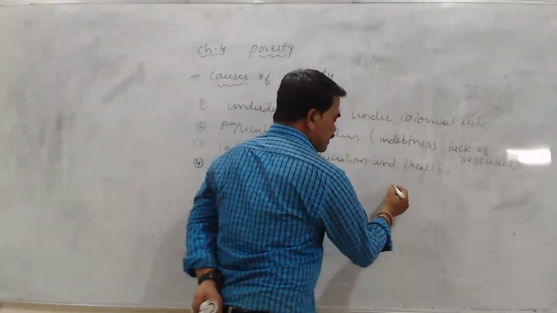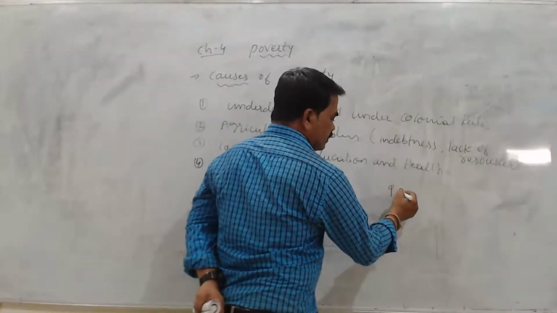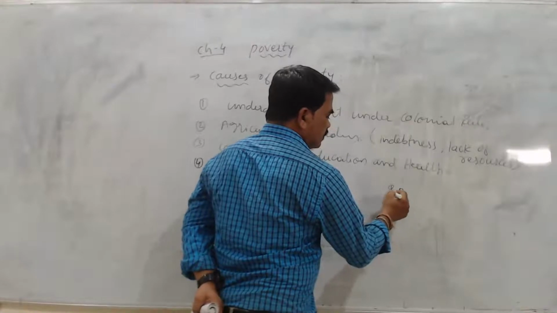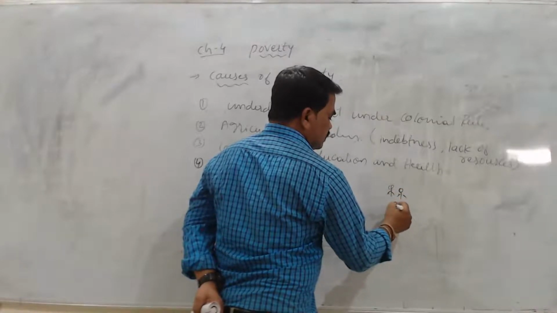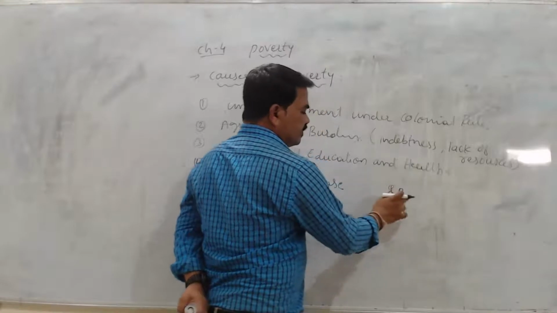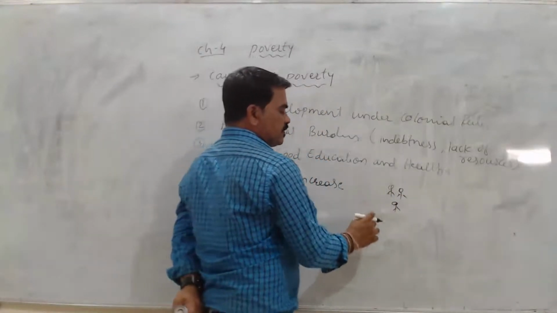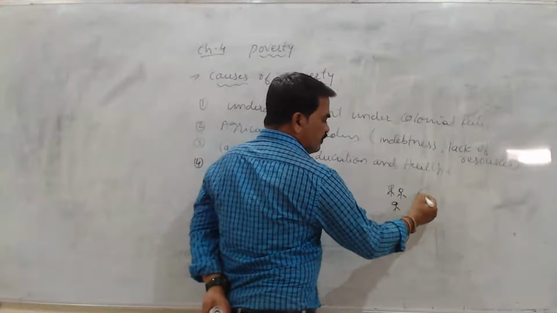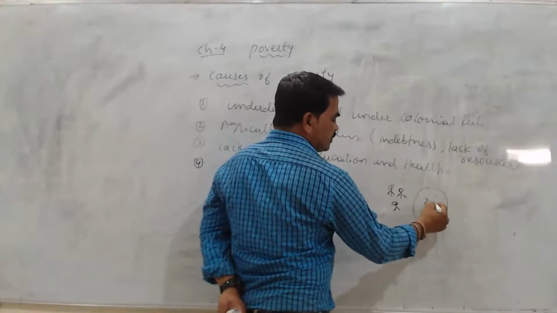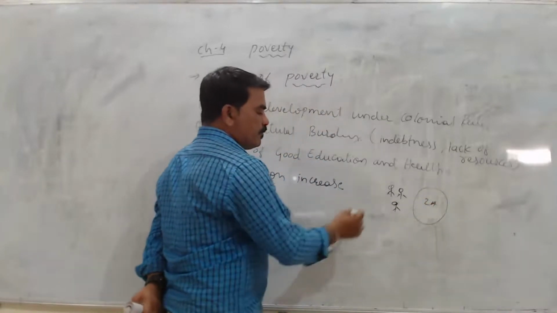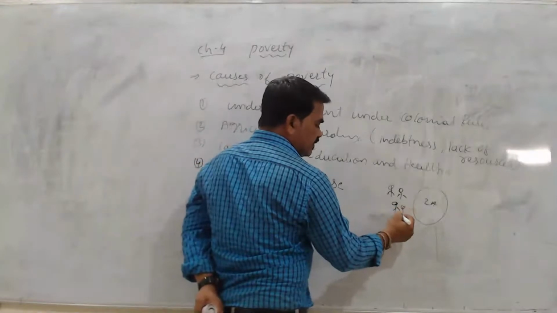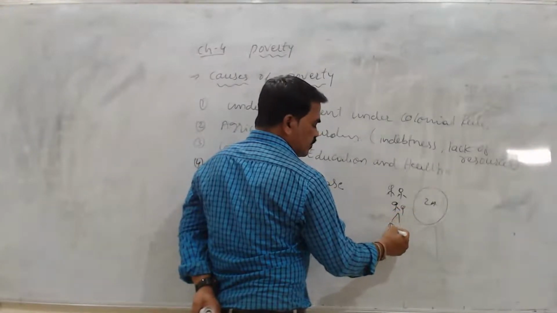Suppose there is a family of three, parent and their son. Now they have 2 acres of land. Now he got married and he has two kids now.